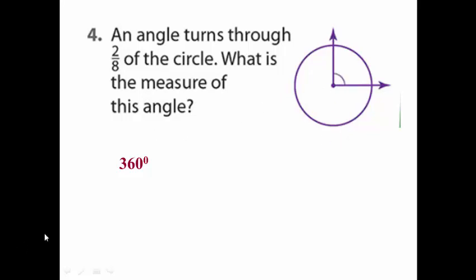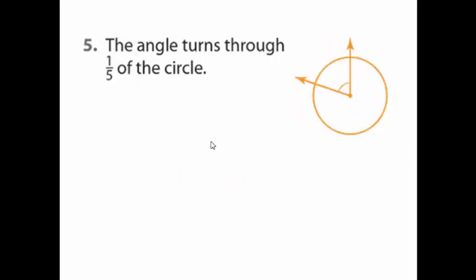I know the circle is 360, and this part represents only 2/8, and finally we put the denominator down and multiply up. Yes, you can divide using a calculator. It will equal 90.